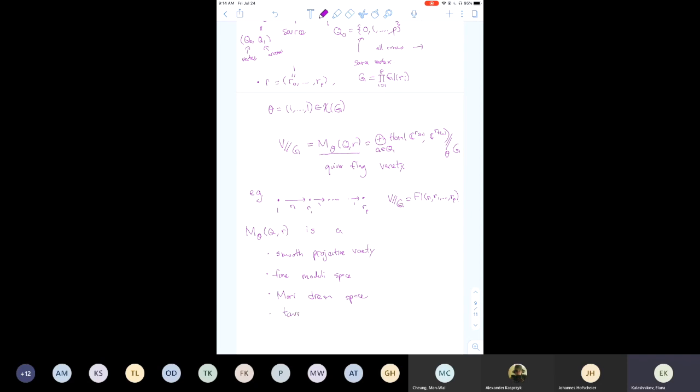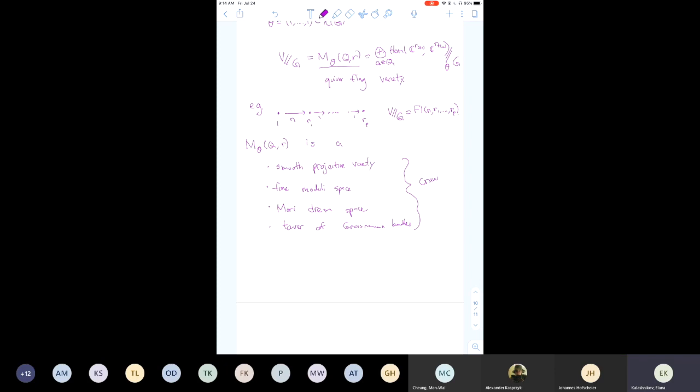And it's a tower of Grassmannian bundles. And these are all due to Craw, who introduced quiver flag varieties.